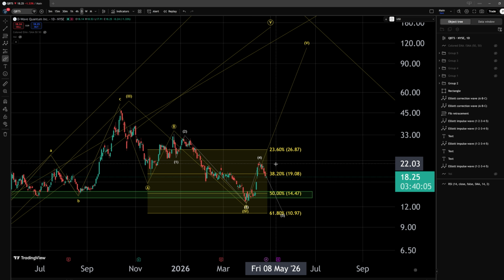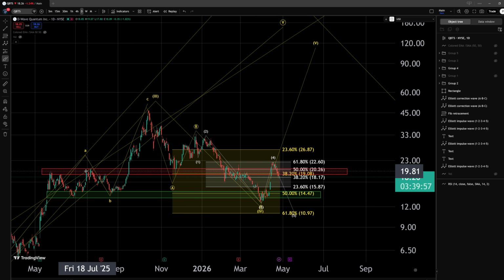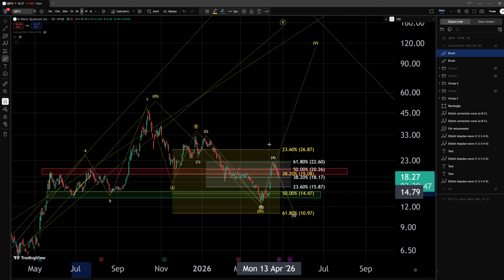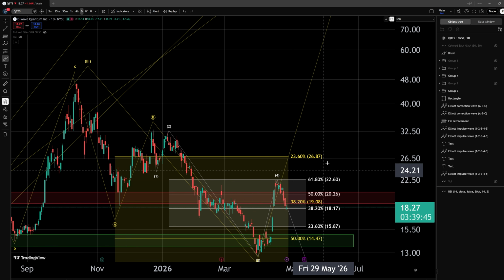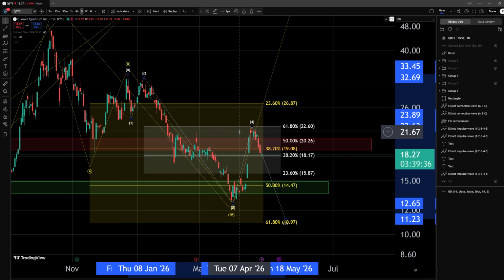We have been tracking the levels of resistance for this pattern and we haven't broken them yet, right? We had this red resistance box, again, structural resistance we have identified in these previous pushes to the upside. Well, it seems to not have provoked too much of a rejection, but we did get rejected at the 61.8% retracement, the last level of resistance I could have even tracked for such a wave 4.